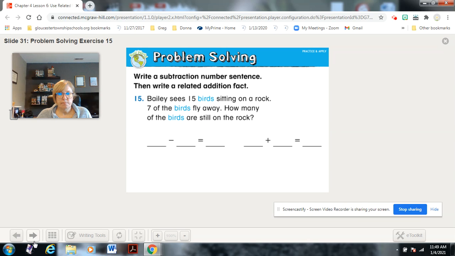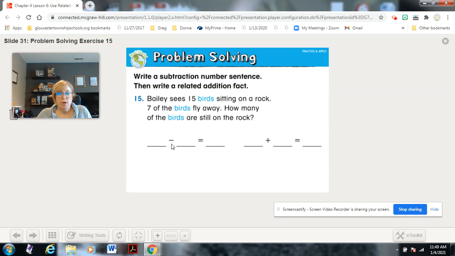All right, for problem solving on the last page of this lesson, it says write a subtraction number sentence, then write a related addition fact. Bailey sees 15 birds sitting on a rock. 7 of the birds fly away. How many birds are still on the rock? 15 birds, 7 fly away.